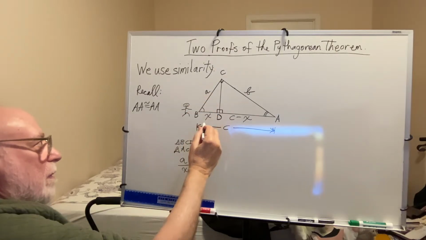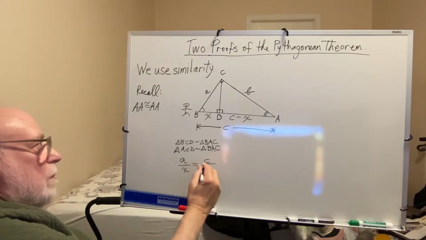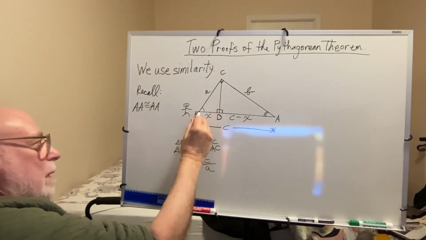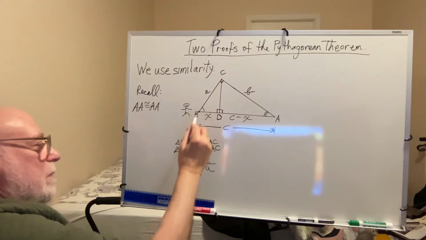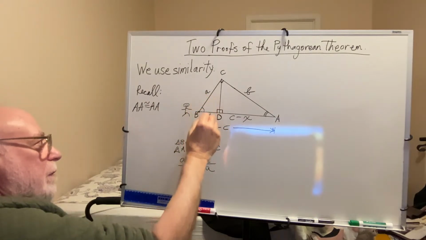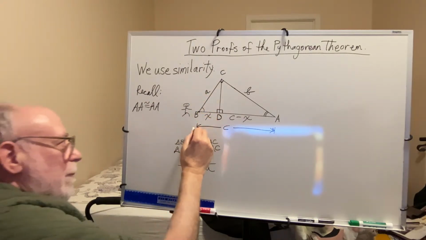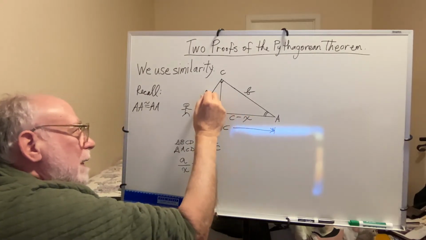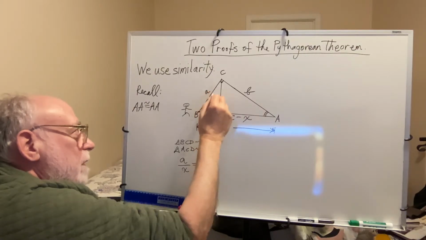The hypotenuse of the little triangle on the left is to the leg as the hypotenuse of the big triangle is to the leg. This is the leg of the big triangle, but it's the hypotenuse of the little triangle.